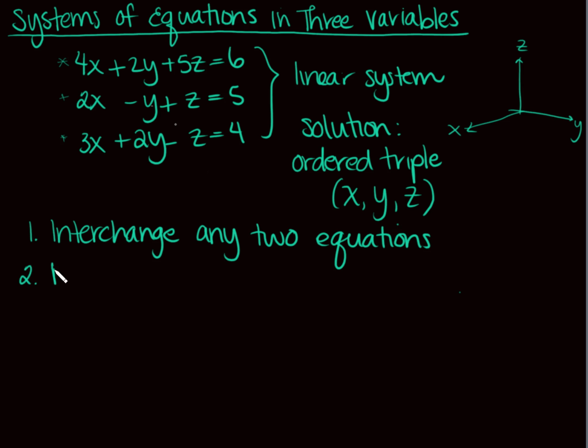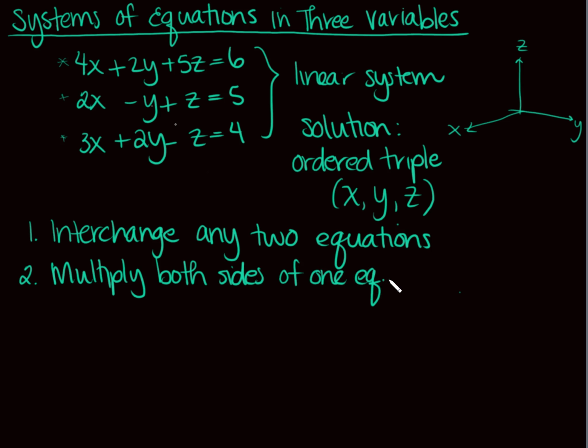The other thing we can do is multiply both sides of one equation by a non-zero constant, which we know we can do with regular old equations.